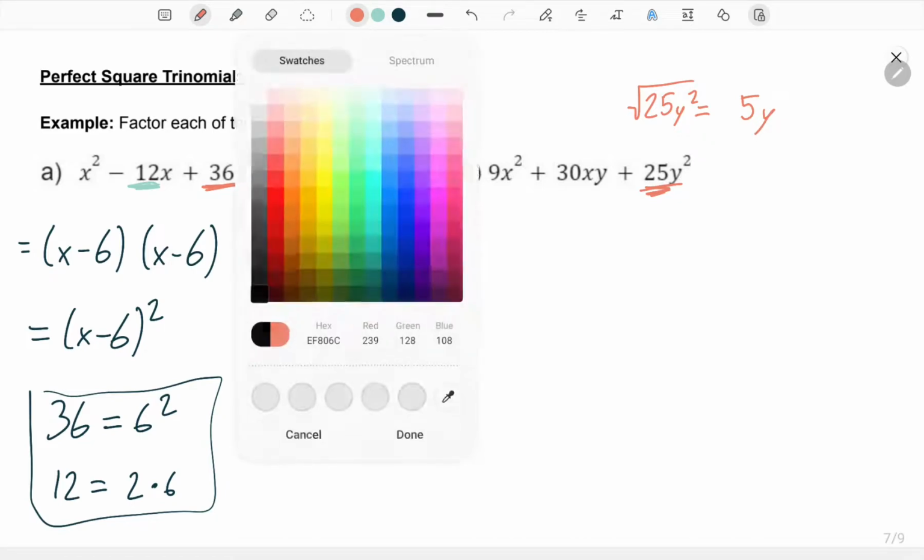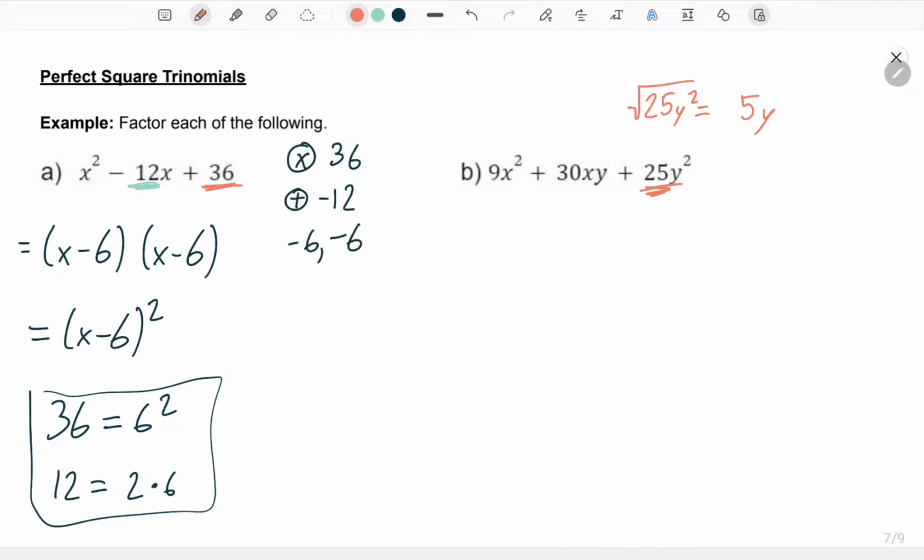This time though, we have something a little different going on with the term at the front. Before we had just x squared. Now we have a number with it, so we can check, is that a perfect square? Well, the square root of that is just 3x, since 3 squared is equal to 9.